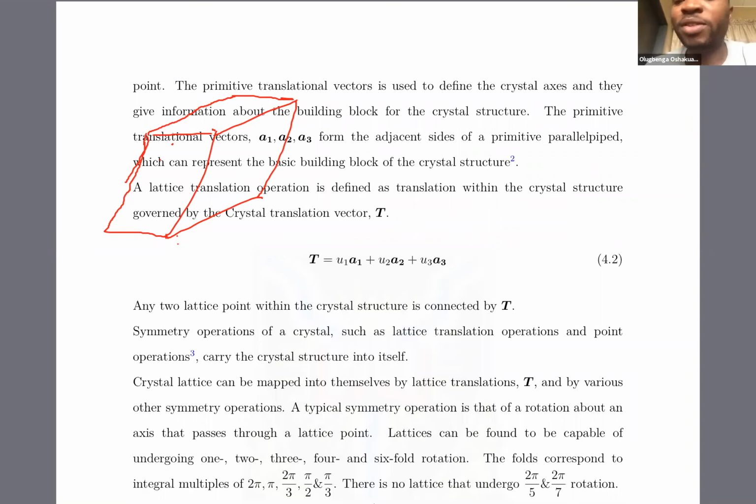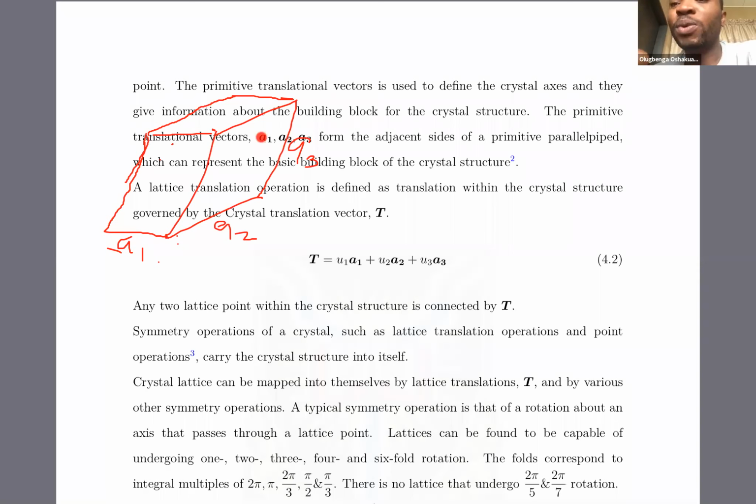We have the right to call this A1, to call this A2, and to call this A3. There is no strict rule to say this must be A1, that must be A2. So as long as we have dimension A1, dimension A2, and dimension A3, when we have 5 of this and we arrange them side by side, this particular cell can be said to be a building block for the entire crystal structure. So for the entire crystal structure, this particular A1, A2, and A3 are called the primitive lattice vectors.